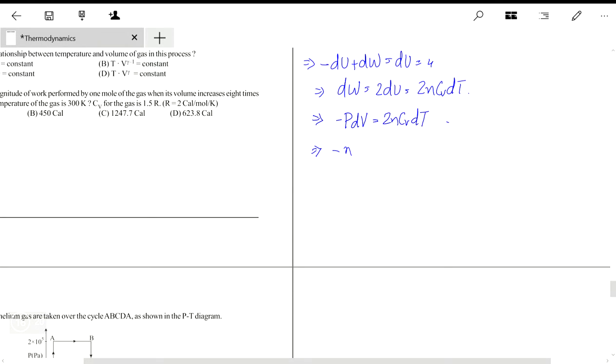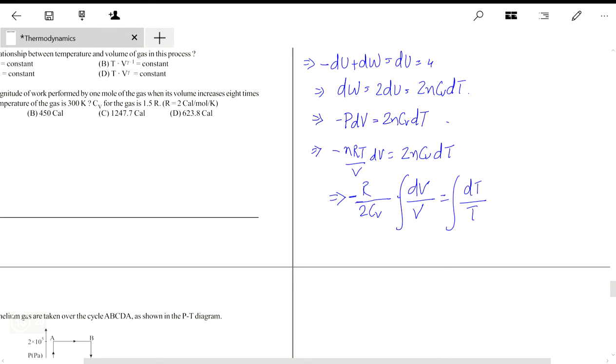Instead of P, because in ideal gas, you write nRT by V. So, R by 2Cv divided by 2Cv into dV by V is equal to dT divided by T. This comes with a negative sign on this side, so you integrate this.